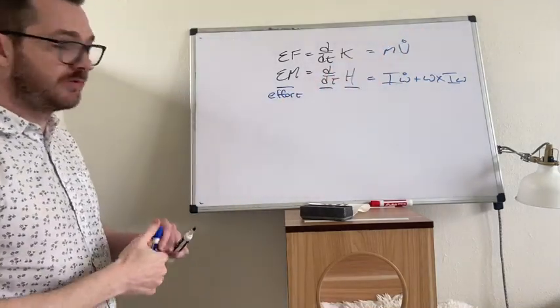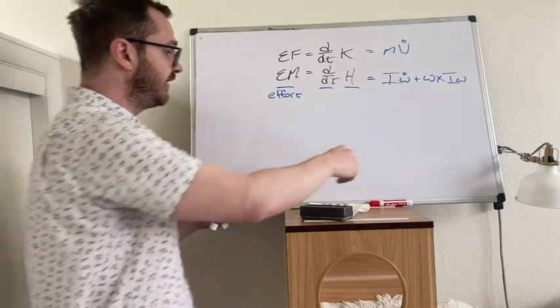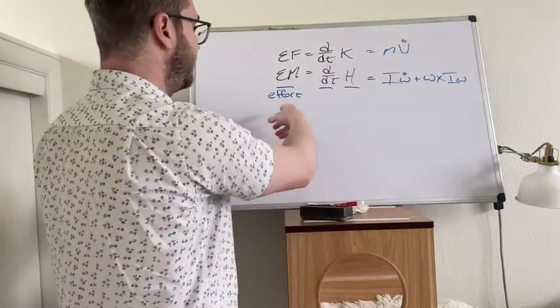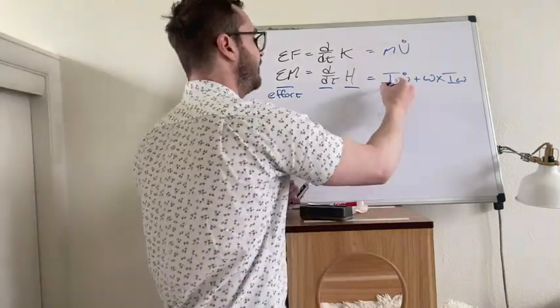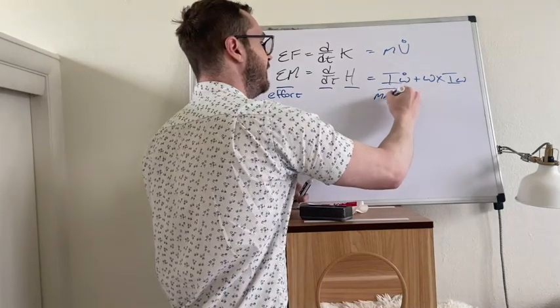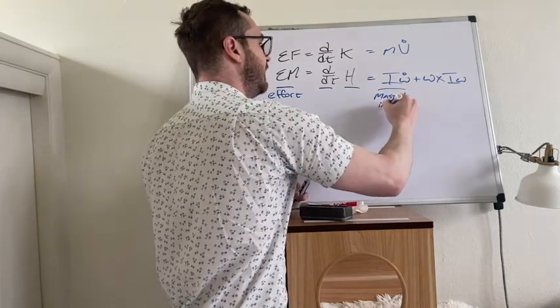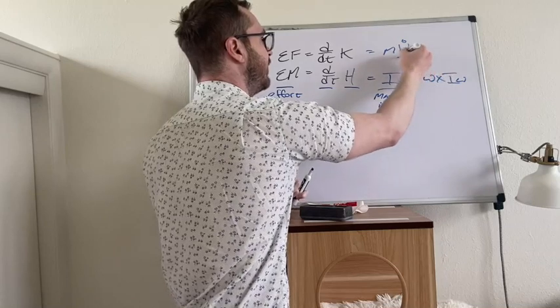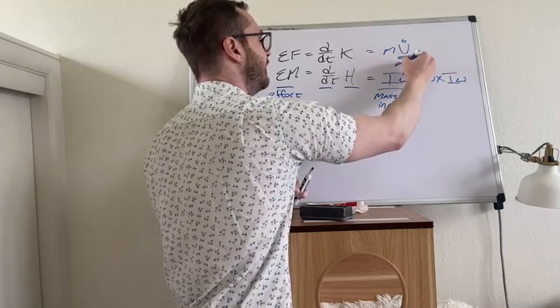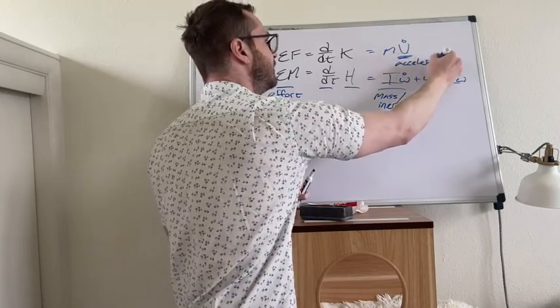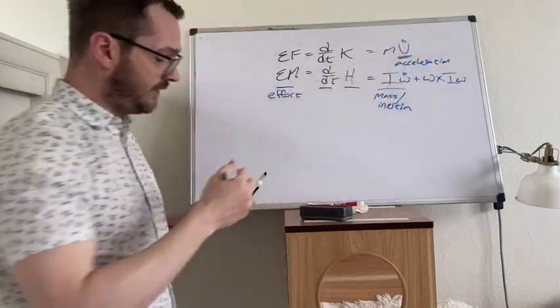We need to be able to define all the different parts of this. If here is effort, then we've got some terms associated with mass and inertia, and then terms associated with acceleration. This would be your kinematics.